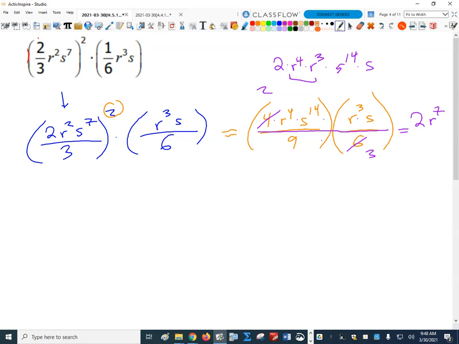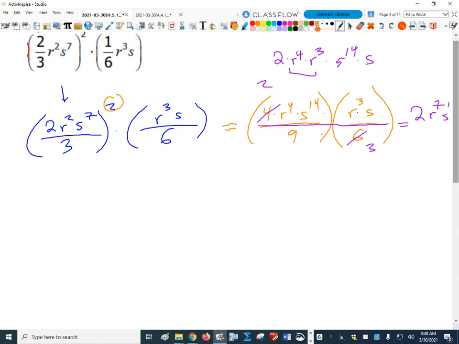Okay, good. S to the 15th. I don't know if I'm going to be able to squeeze that in there. I don't think I can.